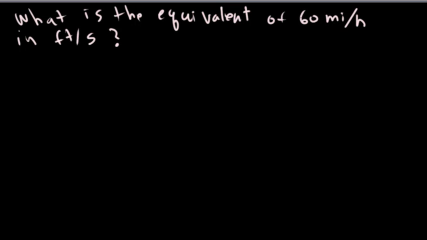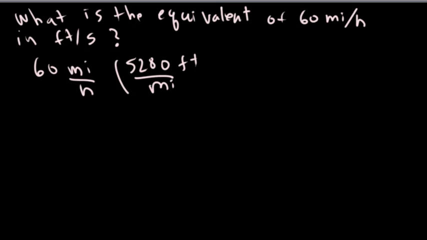So we want to convert 60 miles per hour. That's our rate that the car is traveling. We now want to convert it into feet per second. So let's start out with our 60 miles per hour. We multiply by our conversion factor, 5,280 feet per mile. That's going to get rid of our miles. So now we're feet per hour.